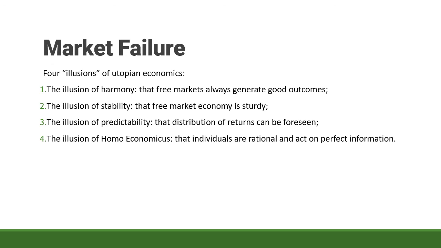The last illusion is something that we've already somewhat tackled in earlier sections of this term, wherein individuals actually aren't rational, right? Or at least rationality is something that's not universal. To a certain extent, people make irrational decisions, and the way forward for economics is actually accounting for that irrationality rather than expecting people to have perfect information.